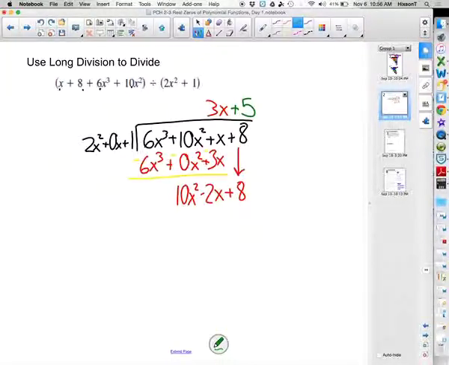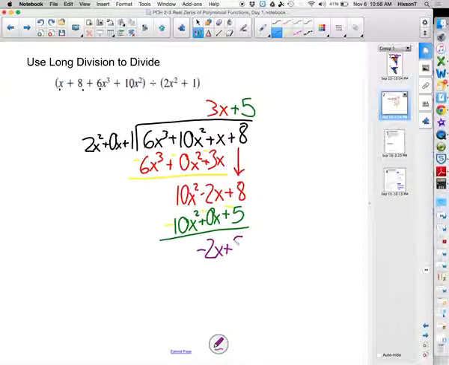And when I multiply it, 5 times 2x squared is 10x squared, plus a 0x plus 5, and I do the subtraction. I'm going to get a minus 2x plus 3, 8 minus 5.